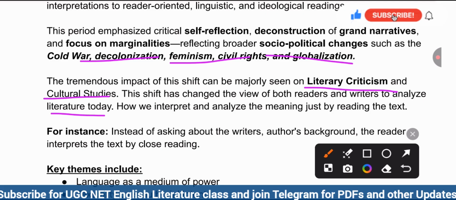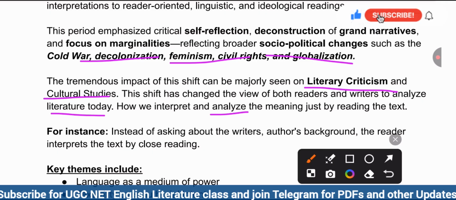So it simply means how we interpret and analyze the meaning just by reading the text. How we find the meaning, how we define the meaning just by having a close reading of the text. That is the way the New Criticism writers have mentioned: instead of focusing on the writer's background, writer's intention, or reader's intention, you should have a close reading to find the meaning, to interpret a work.